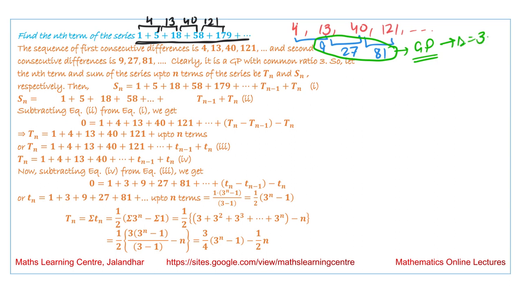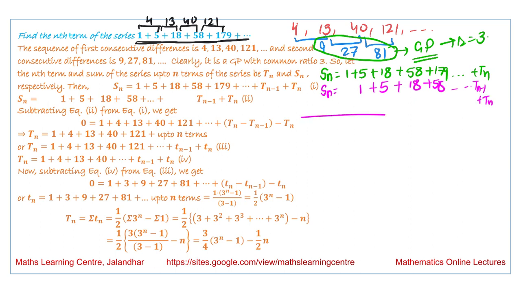So we write the value Sn is equal to 1 plus 5 plus 18 plus 58 plus 179 and so on up to plus Tn. Now we write the value of Sn again: Sn is equal to 1 plus 5 plus 18 plus 58 and so on up to Tn minus 1, and the last term is Tn.